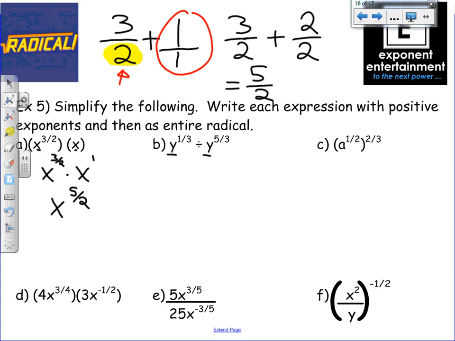You take 1/3 and you minus 5/3 from it. 1/3 minus 5/3 is negative 4/3. Yes, Matthew. Negative 4/3. We don't deal with negative exponents, so what do we have to do? 1 over it all. So it becomes 1 over y to the 4/3.